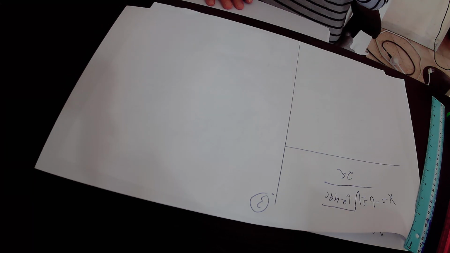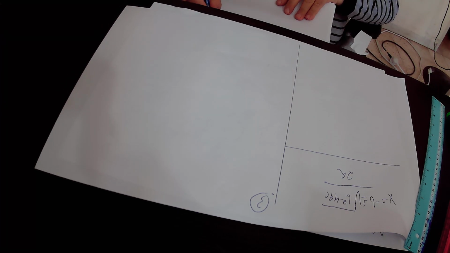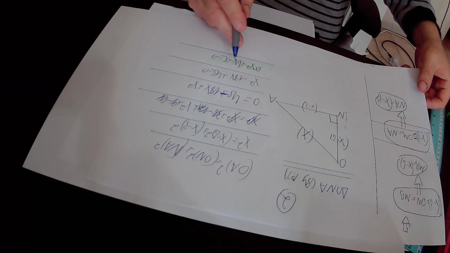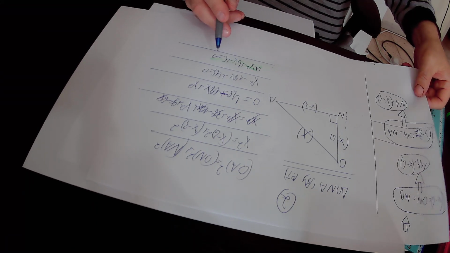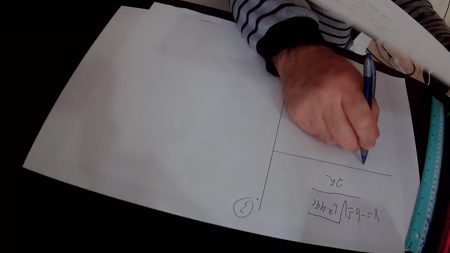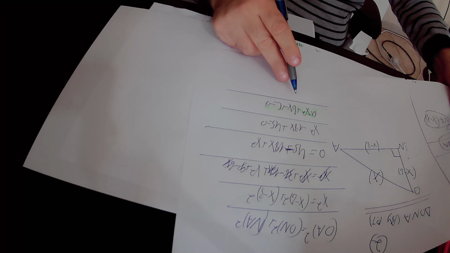Now a specific quadratic equation: x squared minus 18x plus 45 equals 0. The coefficient a equals 1. The coefficient b equals minus 18.